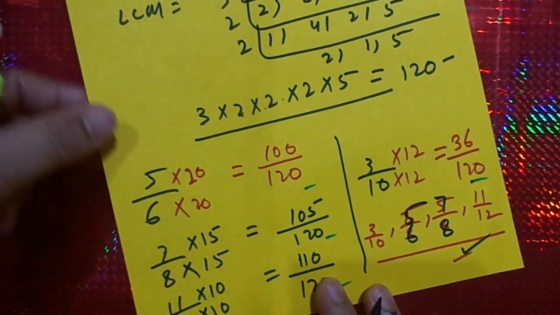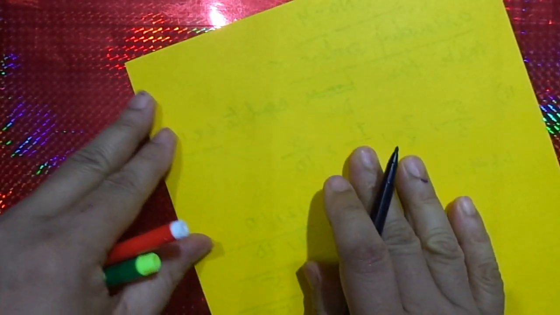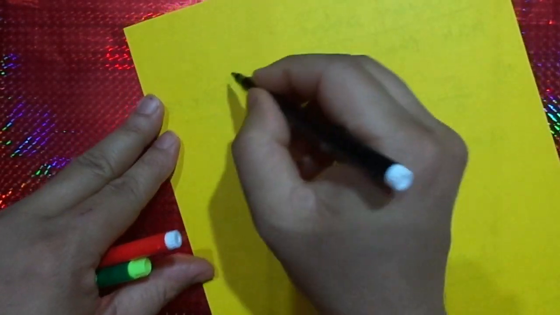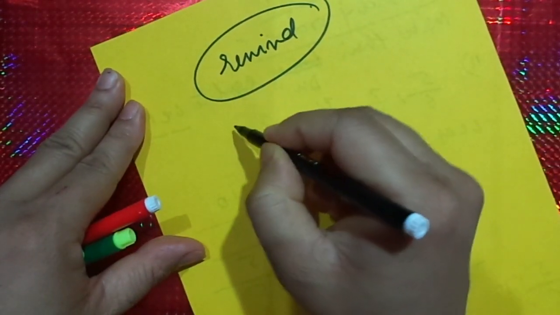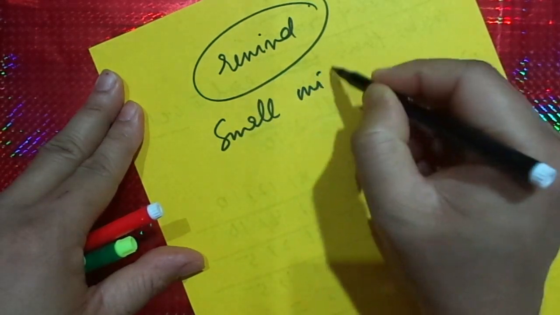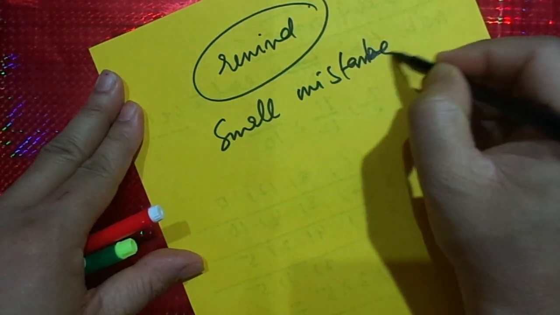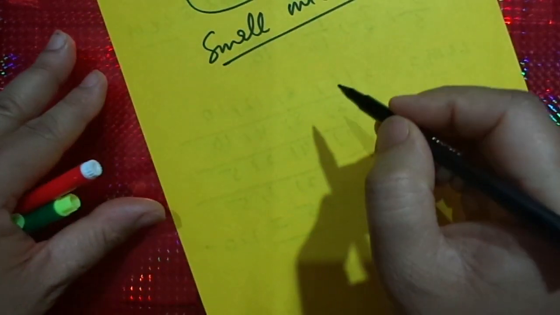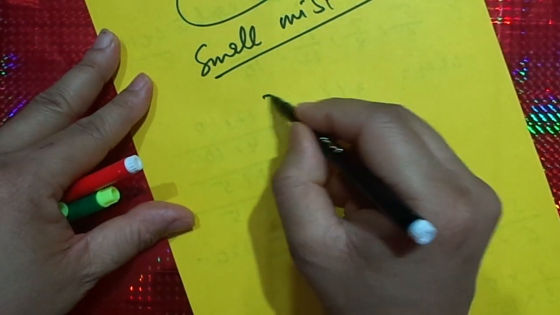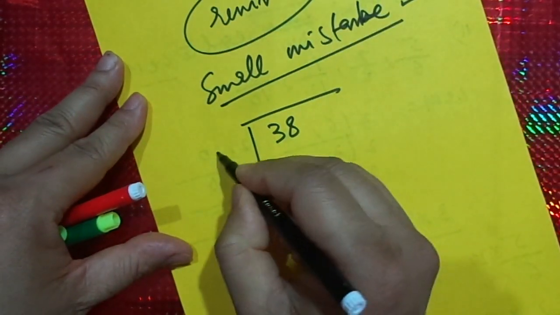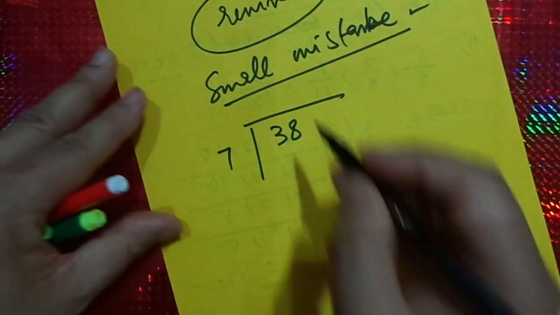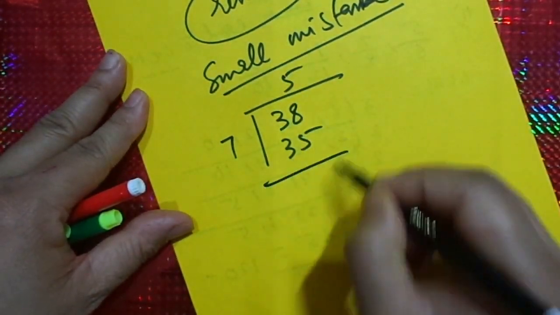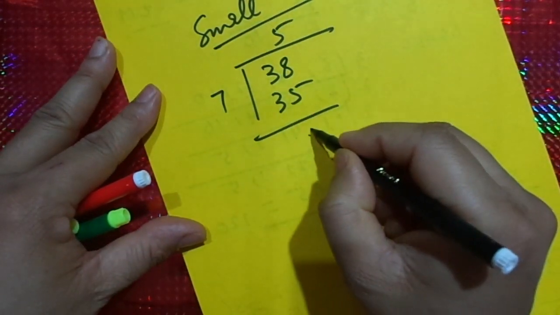Okay, now before I end up, I would remind you that we had made a small mistake in our previous session, which was that when you divide any number, dividend by a divisor, naturally you will get 7 5s are 35, and here you get a remainder as 3.